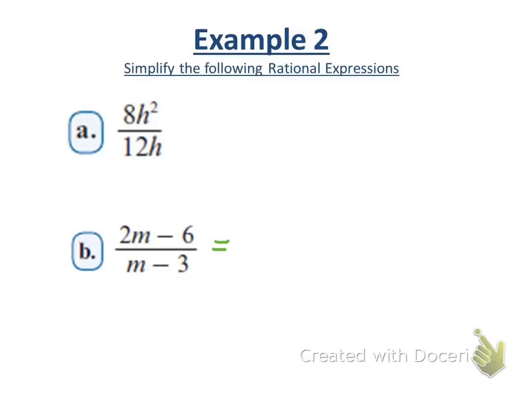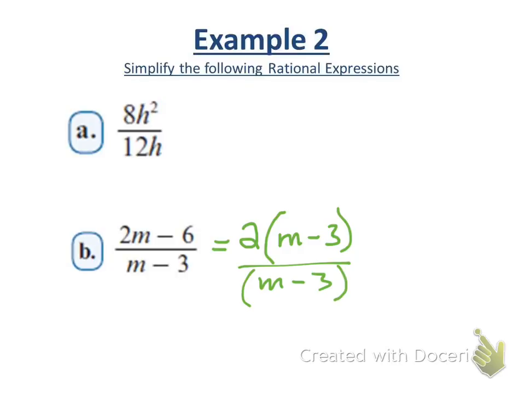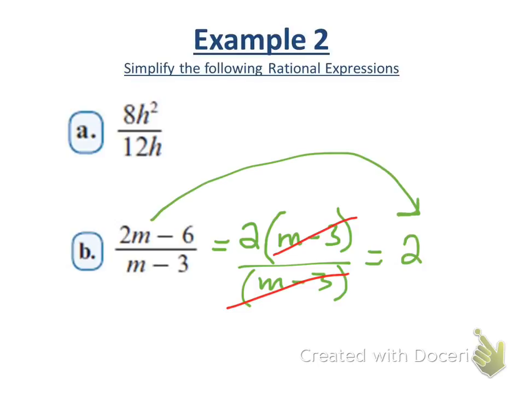In this case, the denominator can't be factored, but the numerator can be factored as 2 times m minus 3, over m minus 3. Now the m minus 3's can cancel. And the expression we started with is equal to 2 as long as m is not equal to 3.